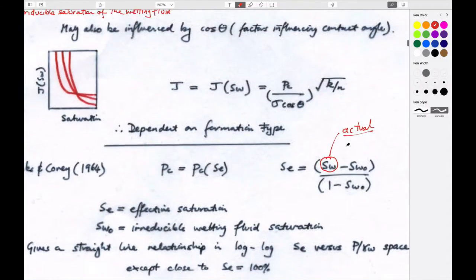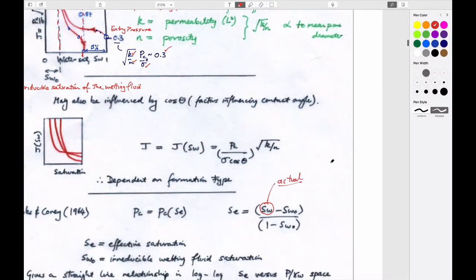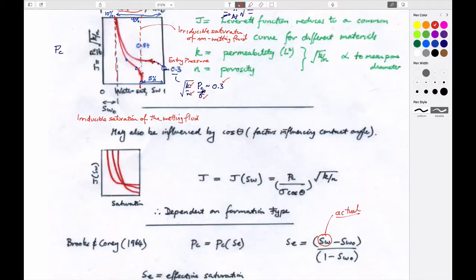You'll recall that on this particular plot, this term here is the irreducible saturation of water. It's about 10%. So this is the maximum amount of water that we can get out of the sample as we push another fluid into it. So we always have about 10% water left in the sample as we try and evacuate it.